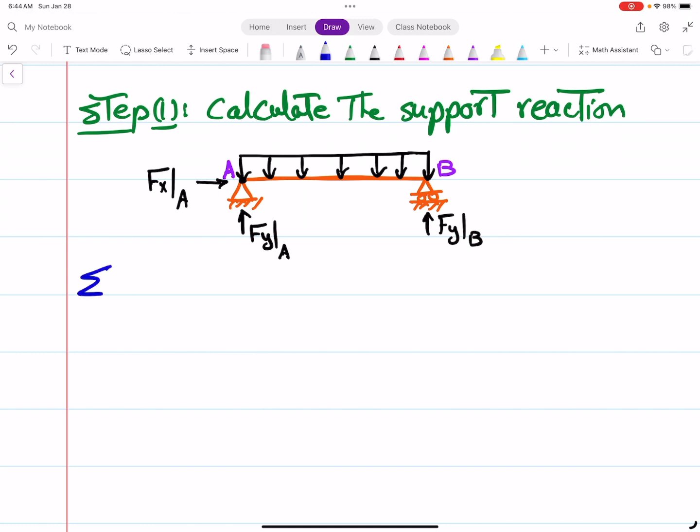So summation Fx equals 0, that means Fx at A equals 0.